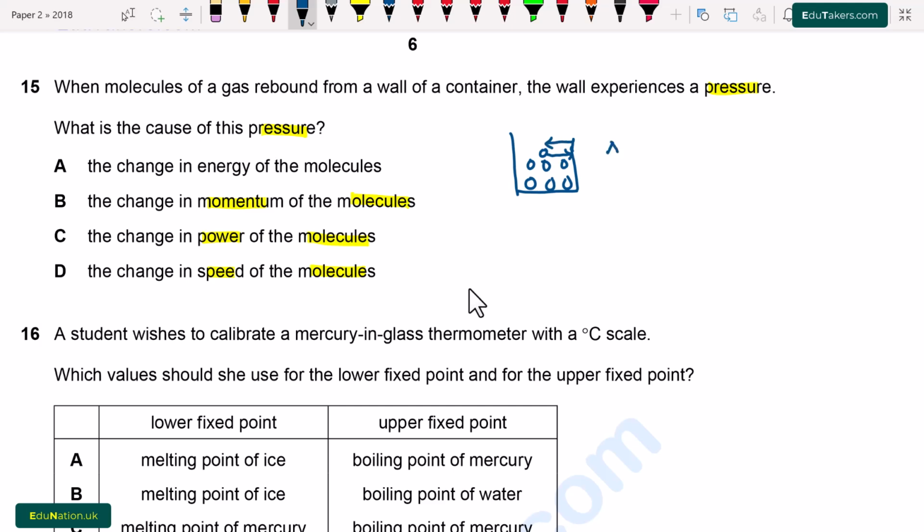There will be a change in momentum. When there is a change in momentum, then according to P is equal to F over A, force will be exerted, due to which there will be the pressure. It means that the wall experiences a pressure due to the change in momentum of the molecules. From here, option B is correct, which shows the change in momentum of the molecules.